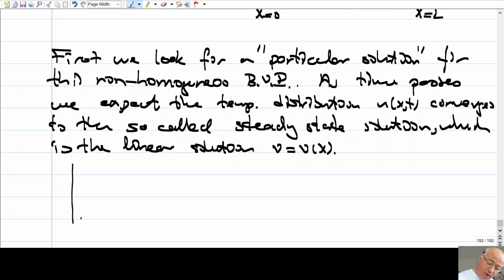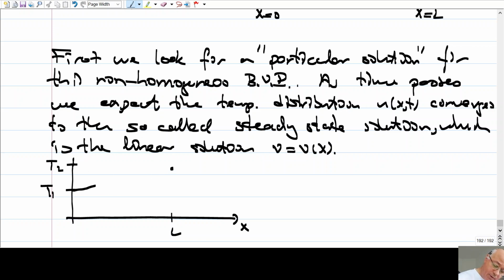Well, what is this function then? This function is linear. At 0, it takes the value t1. At L, it takes the value t2. What is this linear function? Let me just copy from my notes. You can write down the equation.